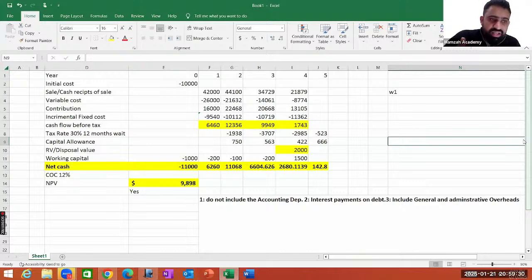In the next class, we will discuss internal rate of return, and we will be doing a question on investment appraisal from the past paper. When we do a question, you will get a better understanding of the net present value method or the format which we have discussed.